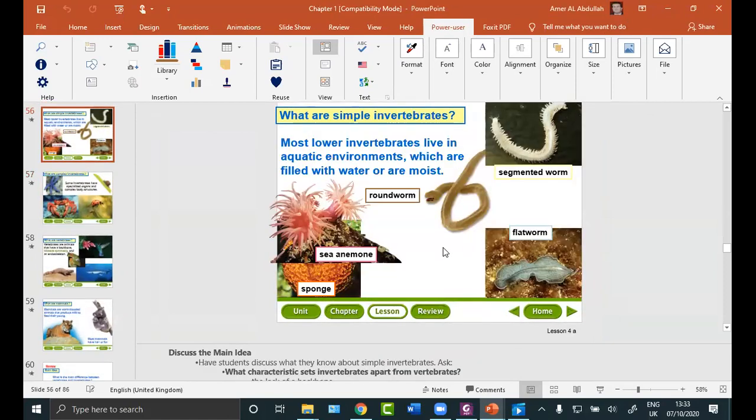The vertebrates have bilateral symmetry and endoskeletons.